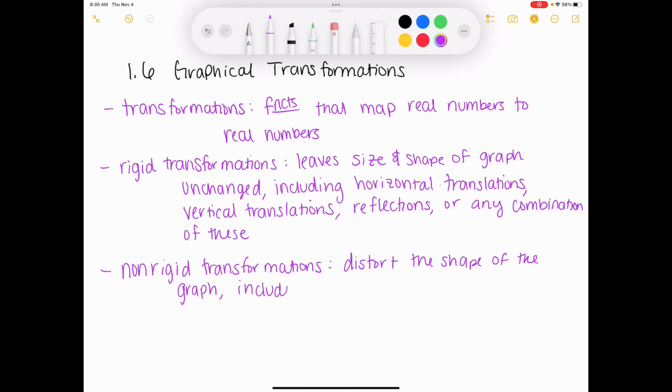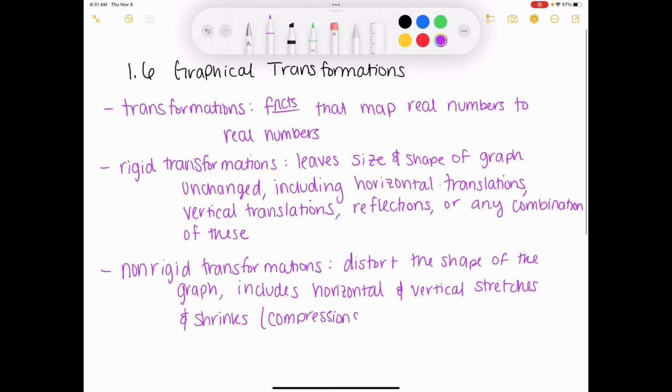Includes horizontal and vertical stretches. And your book calls it shrinks, but we've always said compressions. Okay, or that it's compressed.